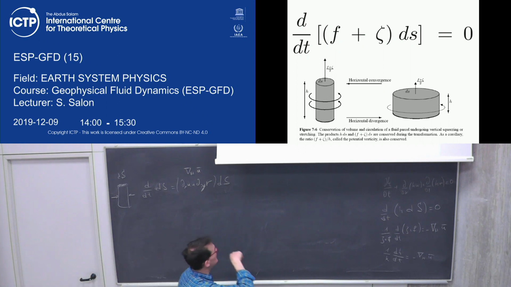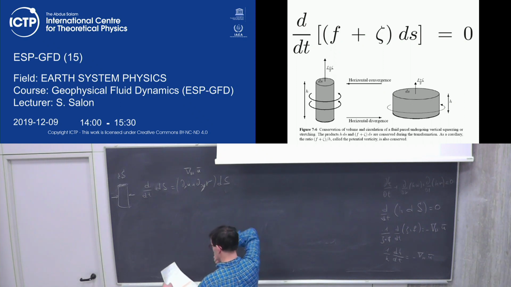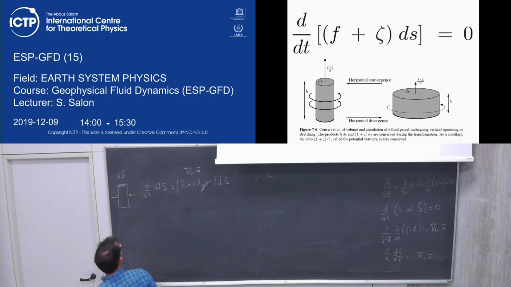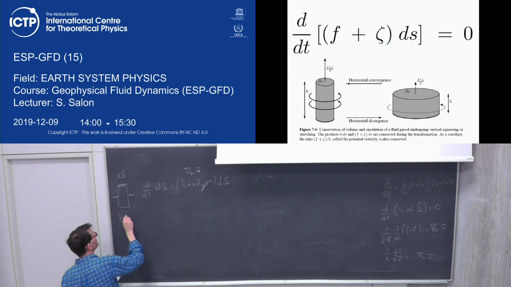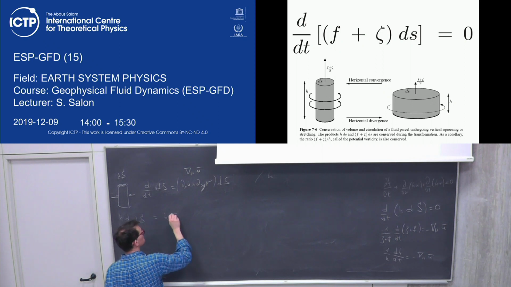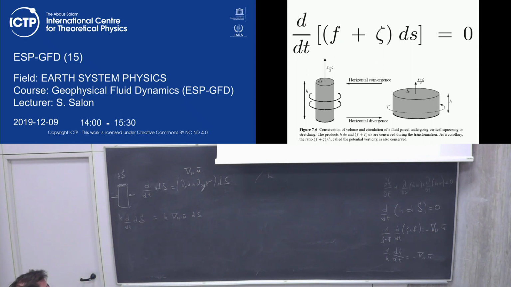So from this, I can put together and, for example, multiply by h. So I will have h d dt ds equal to h ds.